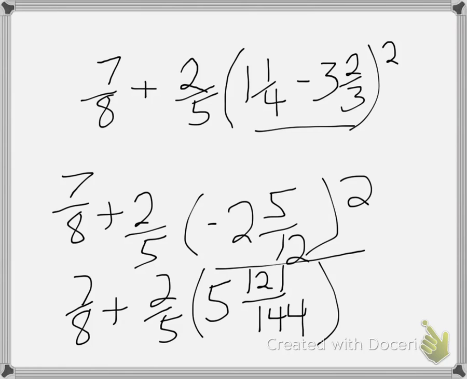Then I can multiply that. Now if you have the answer option like mine, I'm just going to hit times and it'll automatically take the last answer. If you don't have that option, then you'll just have to type it in again. Just hit times, and then I'll put 2/5 in.